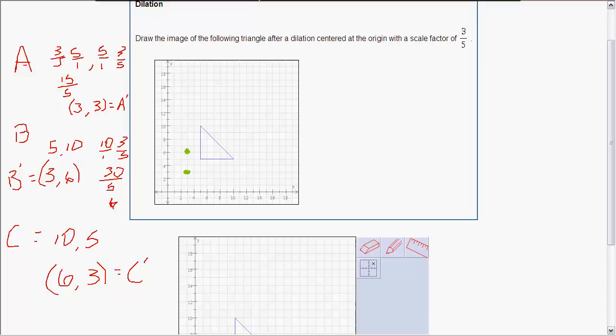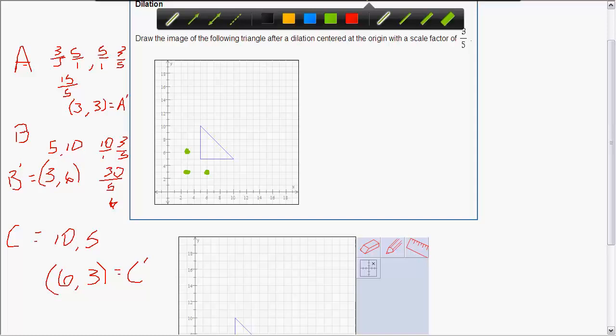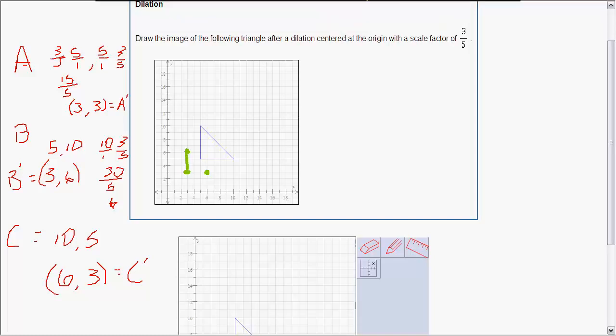New one right there. And C prime was 6, comma 3. That's my new one. So after doing that, I take my line and I'm going to draw my lines to connect it all.